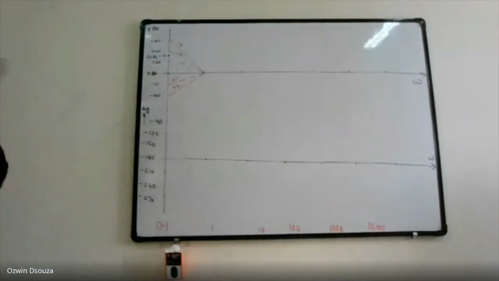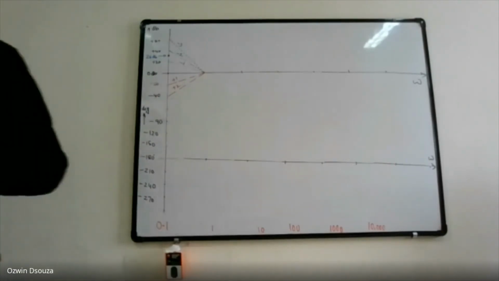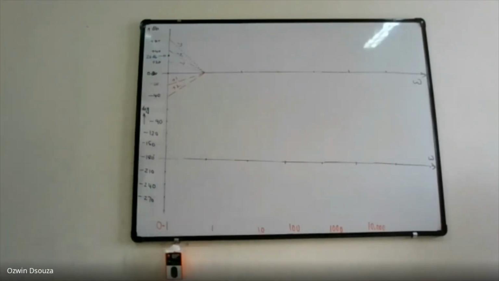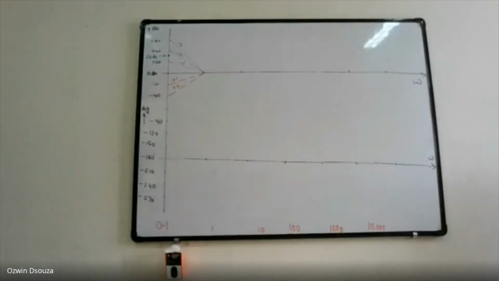From 26 decibel, the magnitude plot starts with a slope of minus 20 decibel per decade. Till where do you have to draw this minus 20 decibel per decade line? Till the next corner frequency, which is at 2 radian per second.